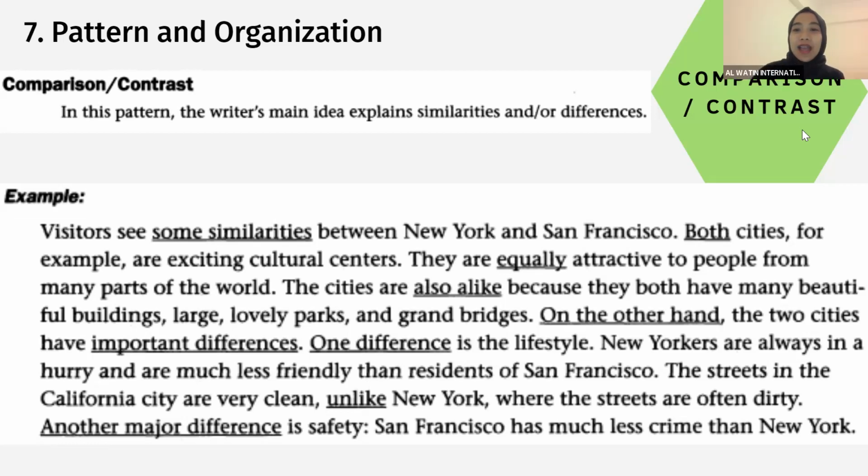Okay. Actually, Hassan, do you want to try? What is comparison? I don't know. You don't know. Okay. I think he's talking about cities, maybe. Okay, yeah, this is the example. But before we go to the example, we talk about comparison first. What type of comparison?